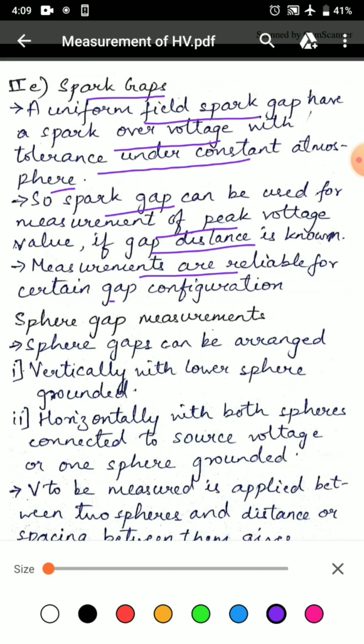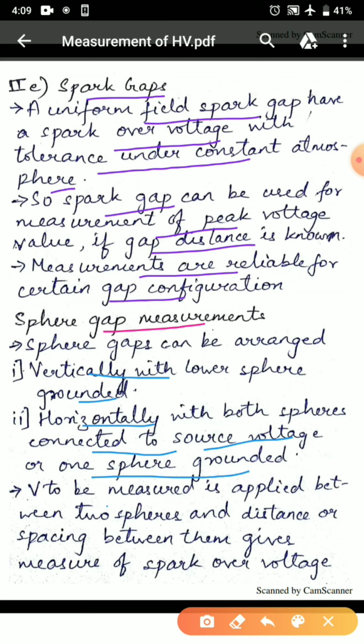Measurements are reliable for certain gap configurations. The sphere gap measurements are arranged in two ways. One, vertically with the lower sphere grounded, and second, horizontally with both spheres connected to source voltage or one sphere grounded. The voltage to be measured is applied between the two spheres, and the distance or spacing between them gives a measure of spark over voltage.